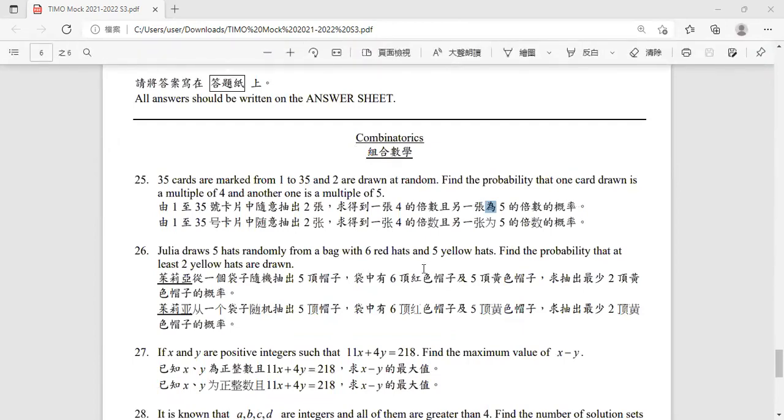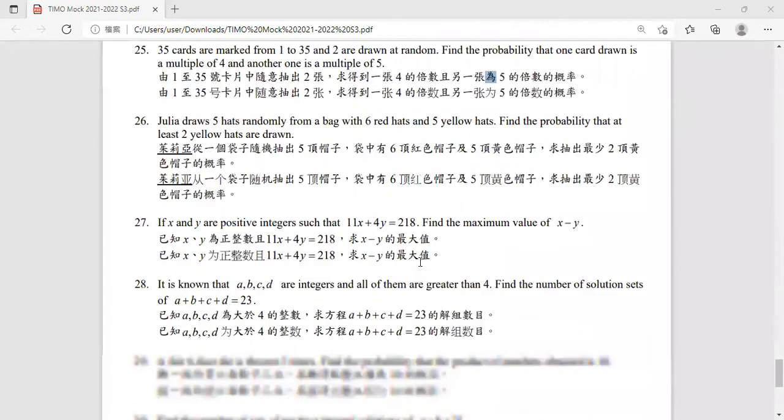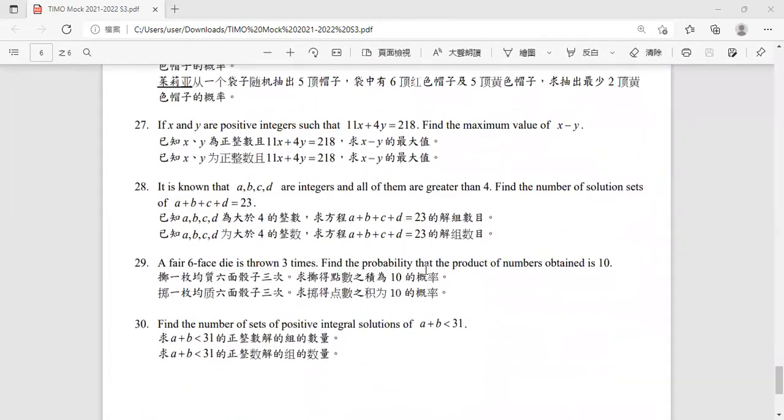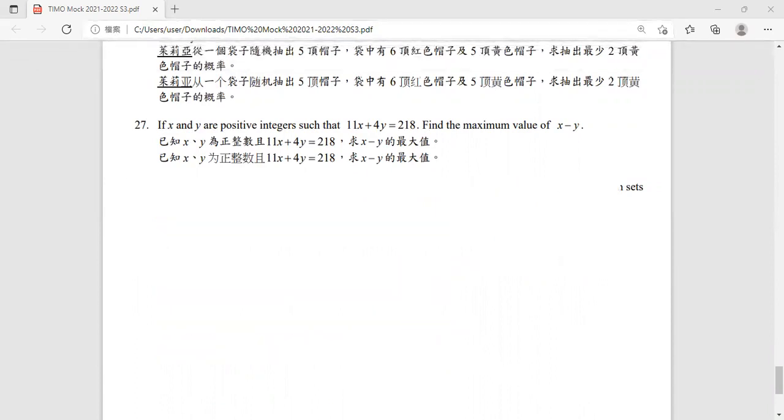I will repeat 25 after 27. And now let's see. Maximize x and minimize y.